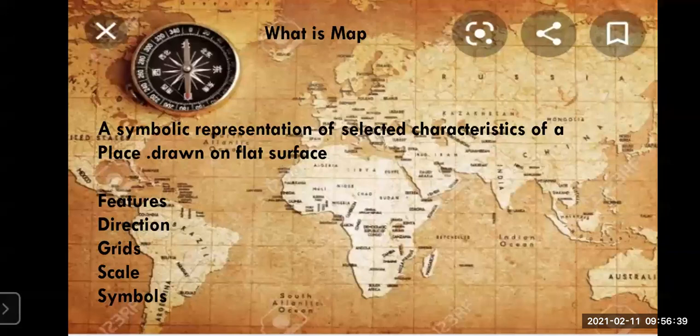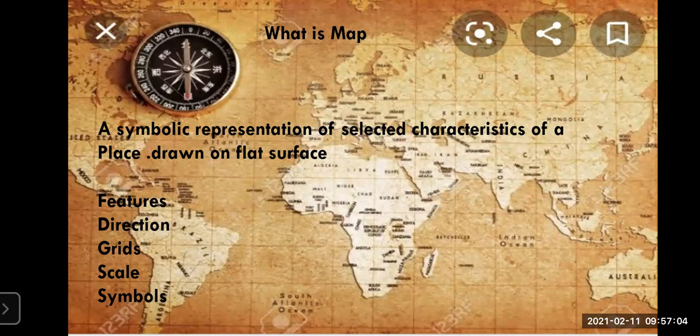The direction arrow is always there on your map. In the previous lectures I have also told you how to find the direction. The direction is always given by the arrow of north. Your right hand side is east, left hand side is west, and just opposite to north is south. Once you know this direction, it is very easy for you to do the map filling.